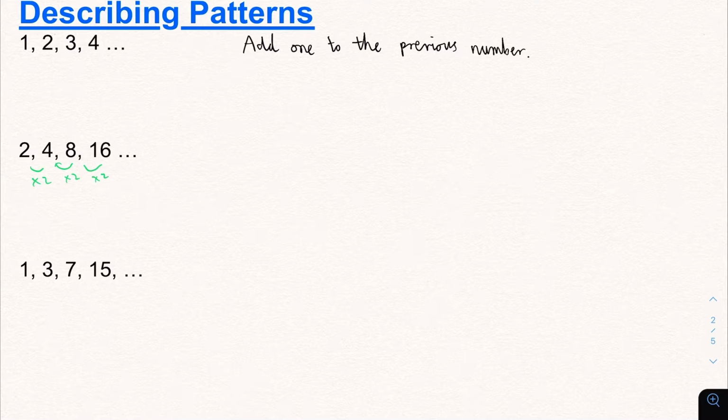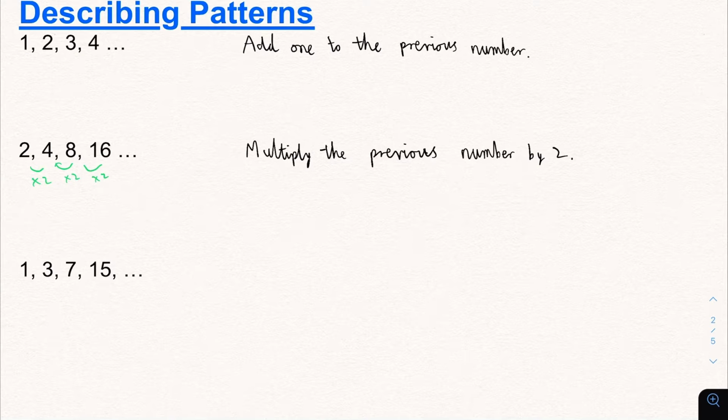So you multiply the previous number by 2. And that's it for the second one.